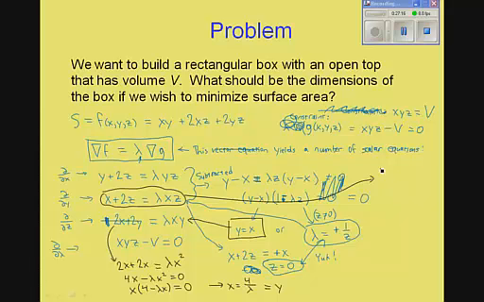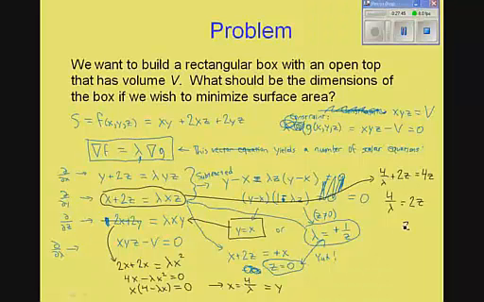Well, I know x is 4 over lambda plus 2z, I don't know z yet, I'm trying to figure that out, equals, well, you get lambda times 4 over lambda times z. That's just 4z, right? So I get 4 over lambda equals 2z. So z is 2 over lambda.